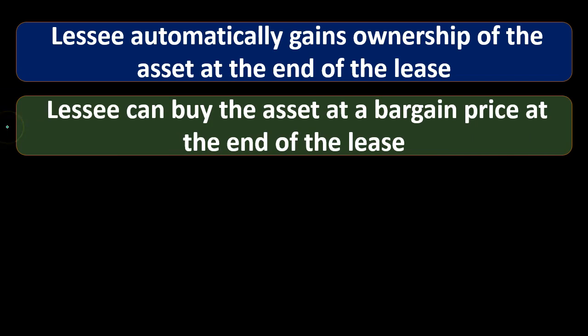Another one: if with the lease, the lessee can buy the asset at a bargain price at the end of the lease. So obviously, if you wanted to get around this first one, you can think, well, maybe they don't get it for free at the end of it, but maybe they have to pay me $1 for it. Well, obviously $1 seems a whole lot under what the value is.